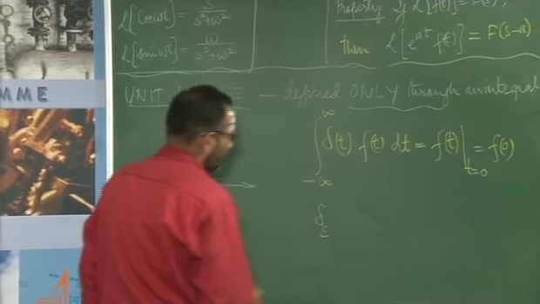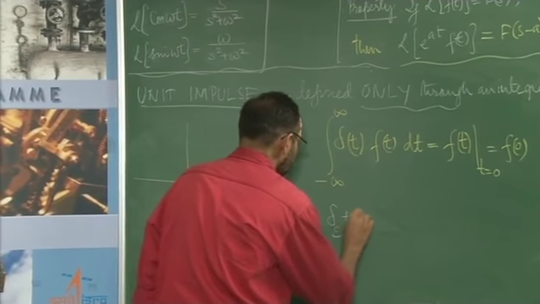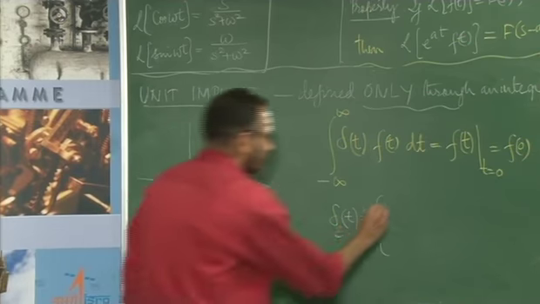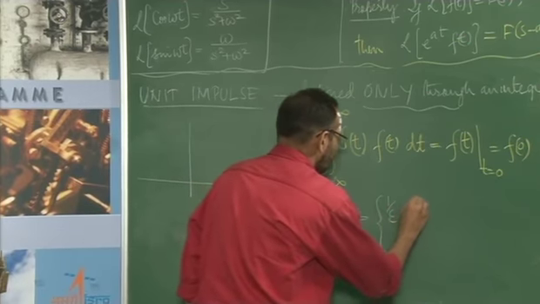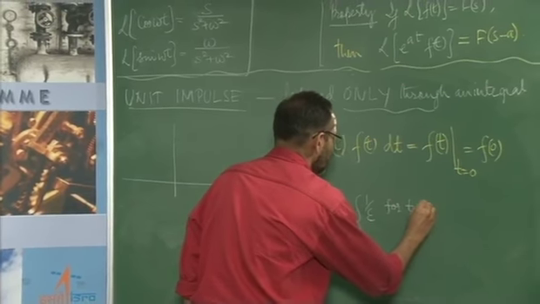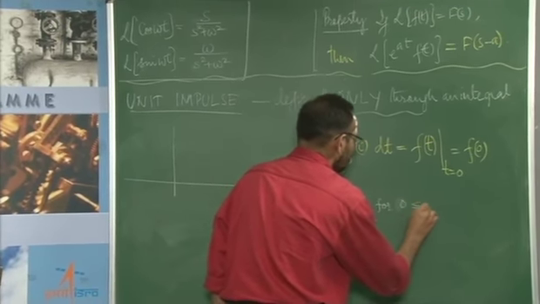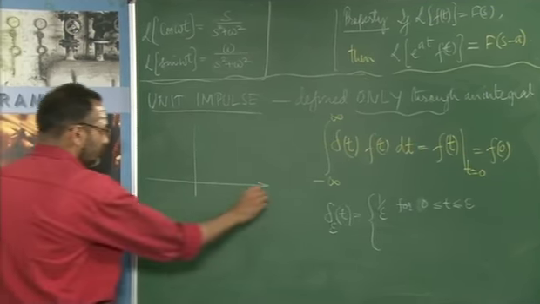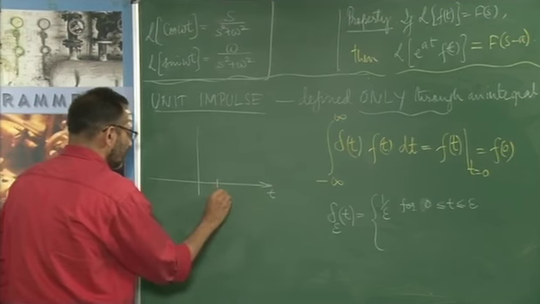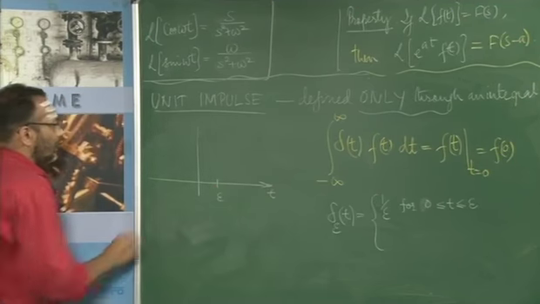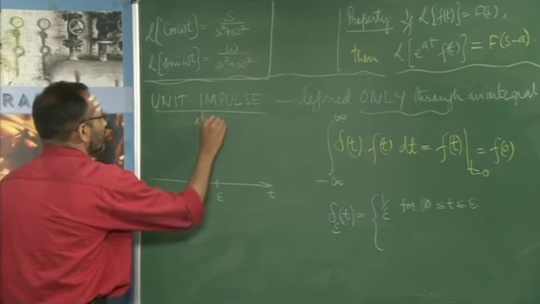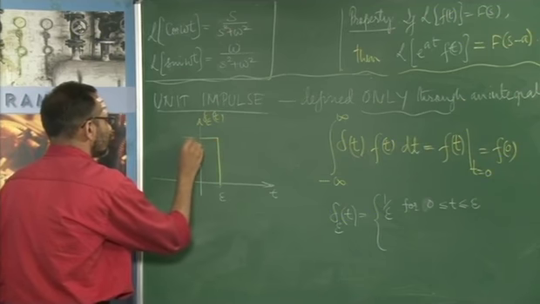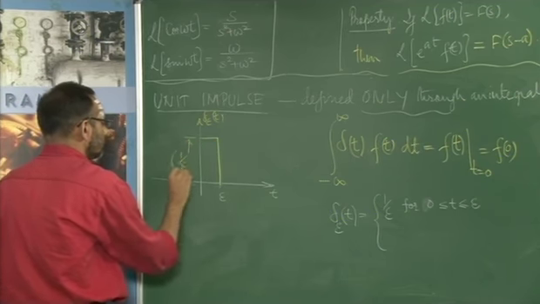This delta epsilon of t is defined as 1 over epsilon for 0 less than or equal to t less than or equal to epsilon, which means if I take this as the t axis, this is epsilon, a small number, let us say, then the height of delta epsilon of t is constant, 1 by epsilon.